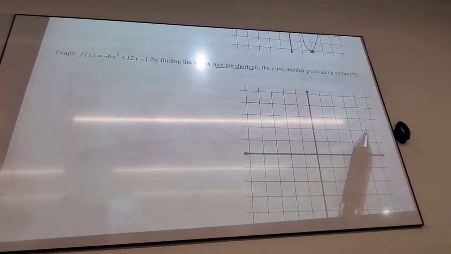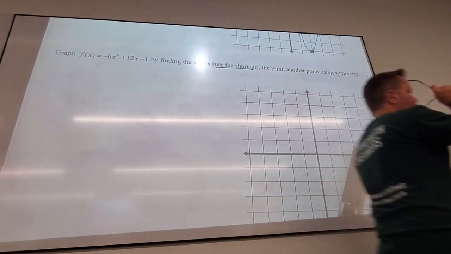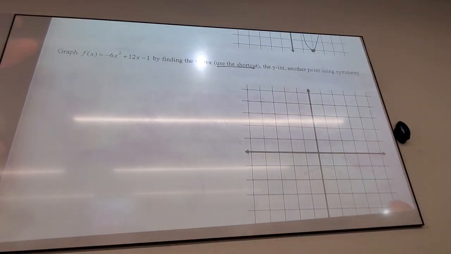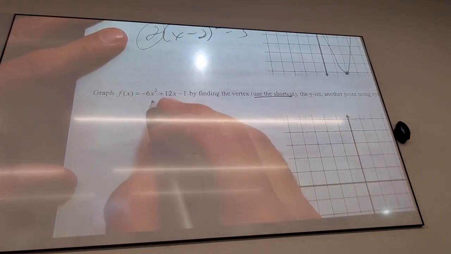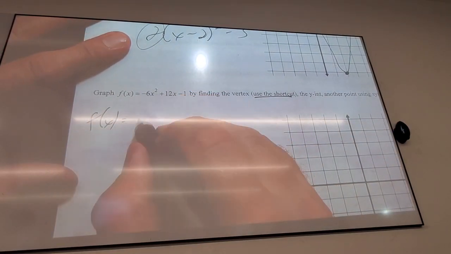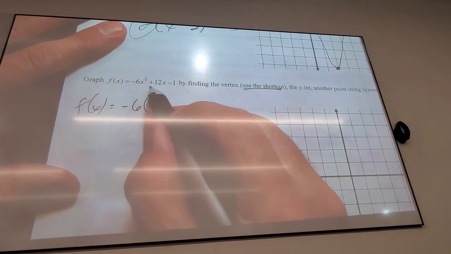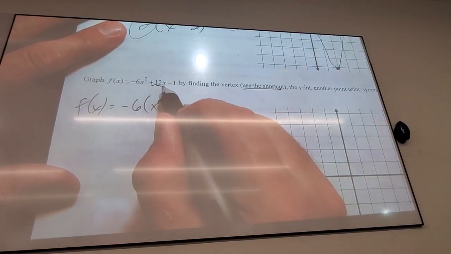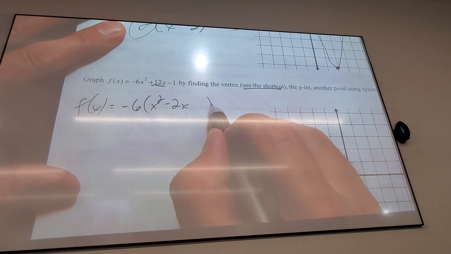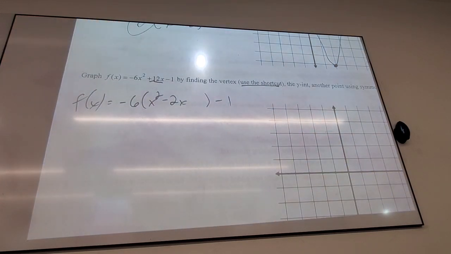All right, guys, let's see. Just to get practice, we can do the full completed square method. I've got to factor a -6 out, which is going to change the sign on this. And then the -1, we just sort of push out the window.